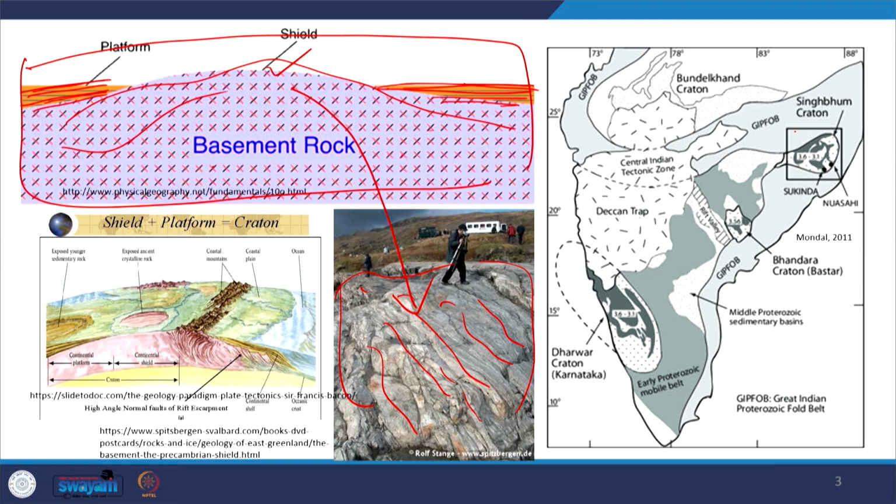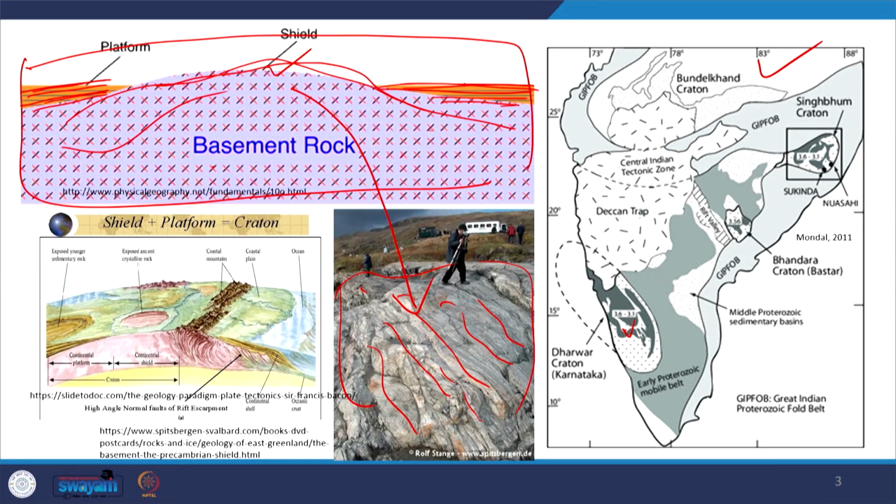If you see here the Indian context, we have different cratons like the Dharwar craton, the Bastar craton, the Bundelkhand craton, like that. So, these cratons are nothing but rocks that were geologically or tectonically stable from the Archean-Proterozoic boundary.